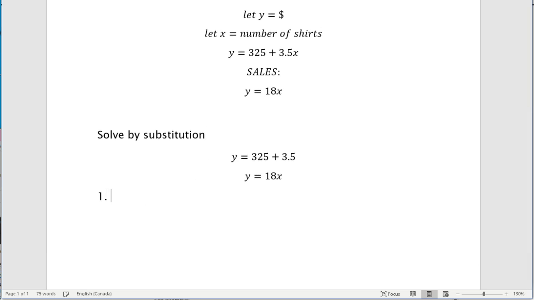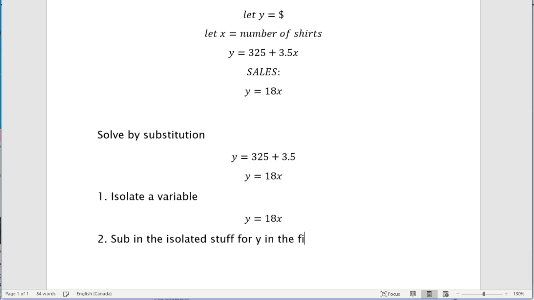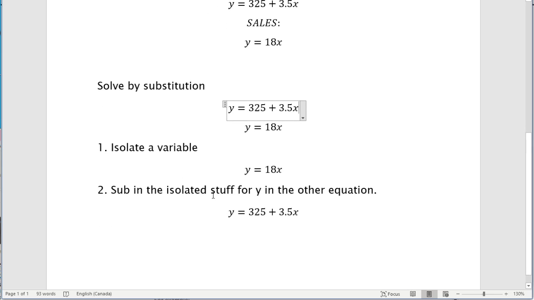Now again, the first step for substitution was isolate a variable. In this case, y equals 18x is already isolated, so that's fine. Step 2 was sub in the isolated stuff for y in the other equation. Okay, so the other equation is y equals 325 plus 3.5x. Sorry, I'm realizing I forgot an x there.